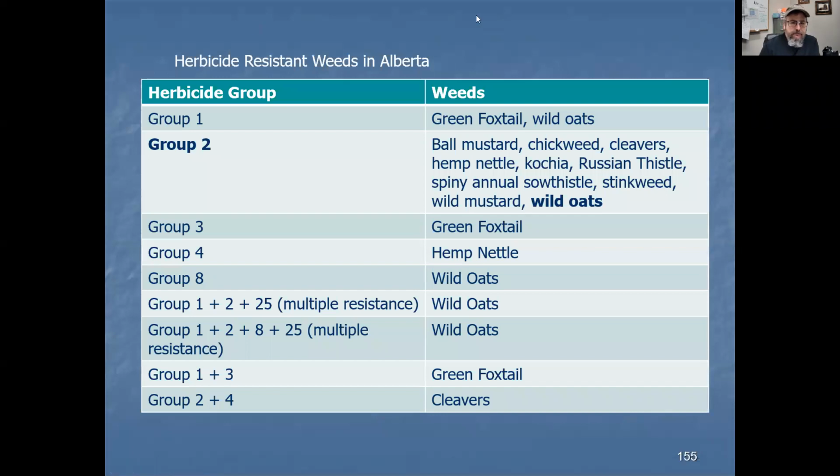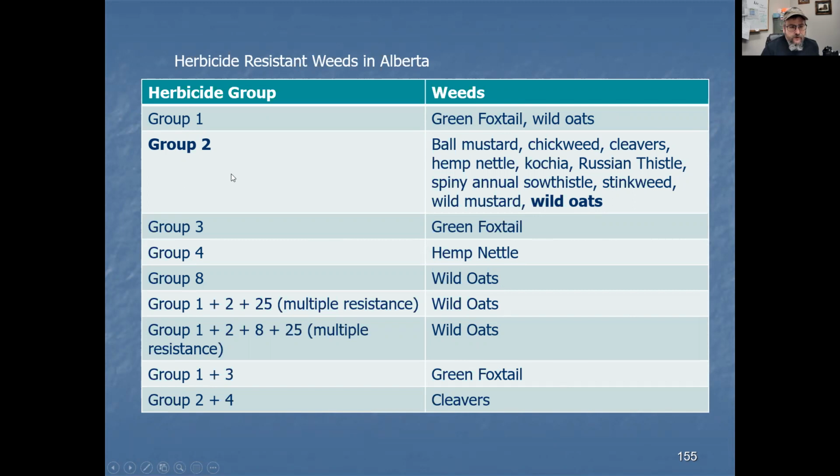Here's an example of some resistant weeds in Alberta. Of course, you can see wild oats are in almost all of these groups, a very resistant weed. Here you've got your groups, and here you have your weeds.